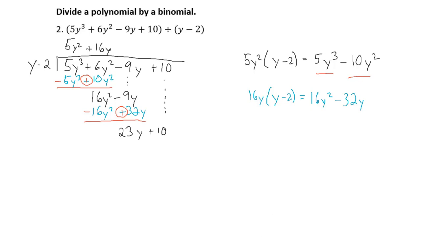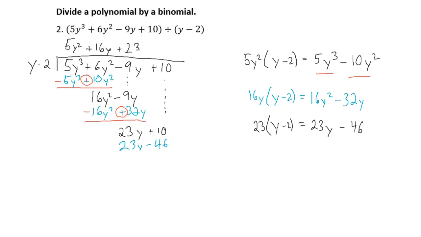So what do I need to multiply y minus 2 by in order to turn it into 23y? Well, that would just be the number 23. So I'm going to put my 23 that I need to multiply by. And that will give me 23y minus 46. So I'm going to put that under here and do my 23y minus 46.